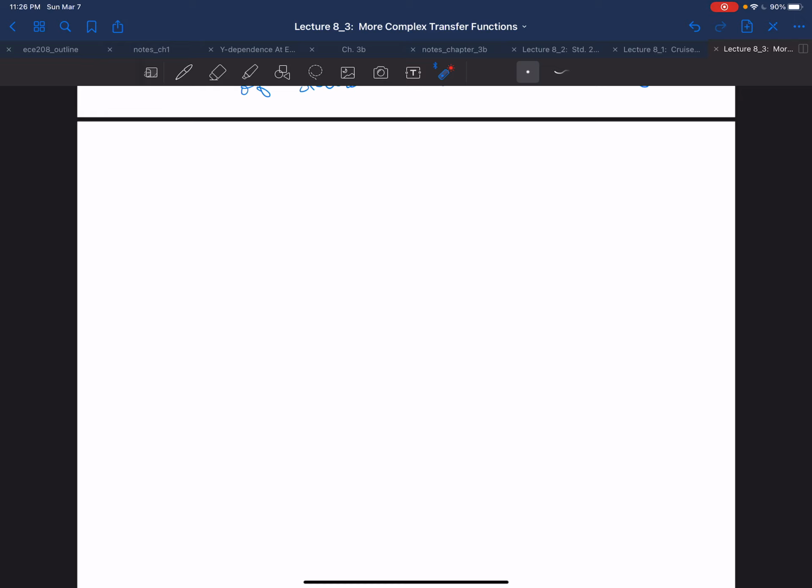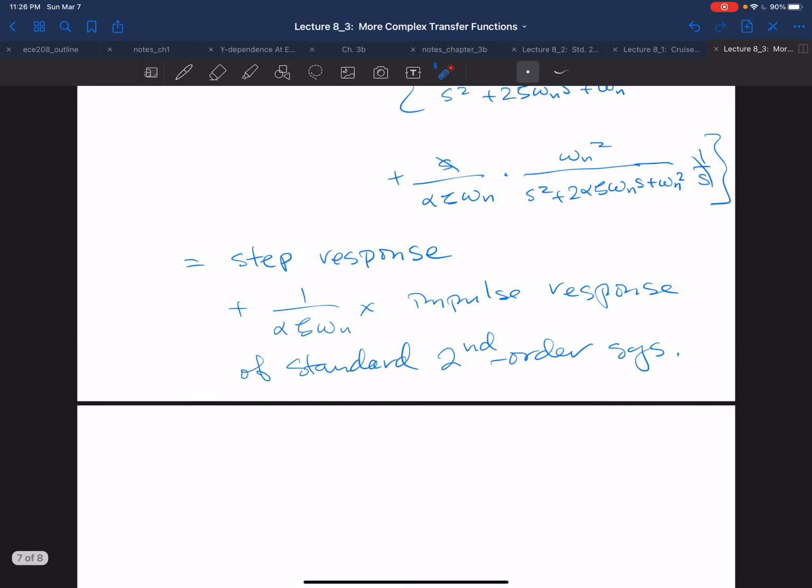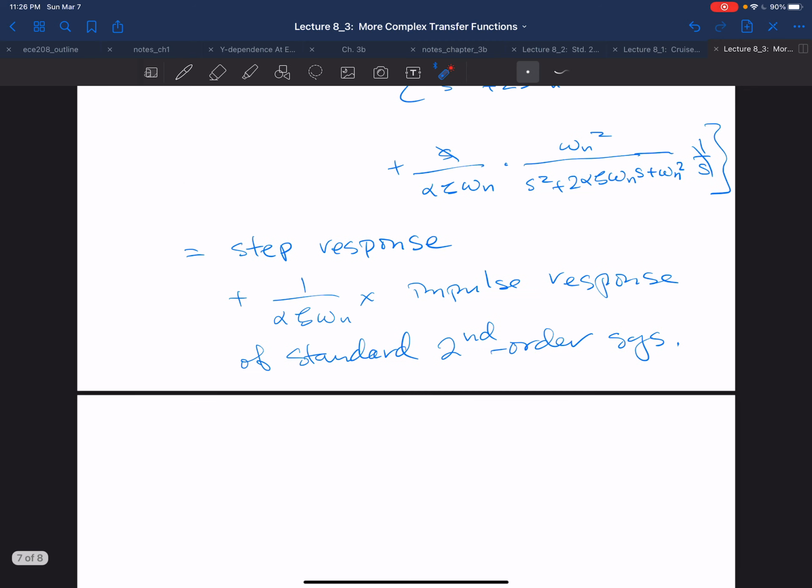I'll just here point out that as, say, alpha goes to infinity, the size of this copy of the impulse response, the term by which it's weighted here, goes to 0.